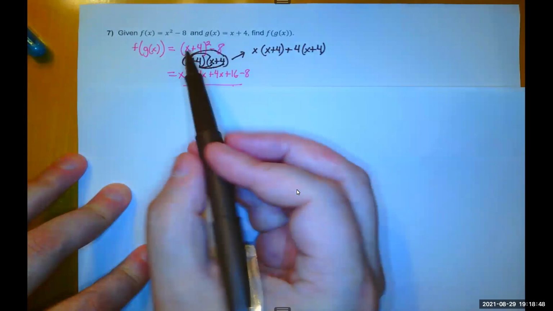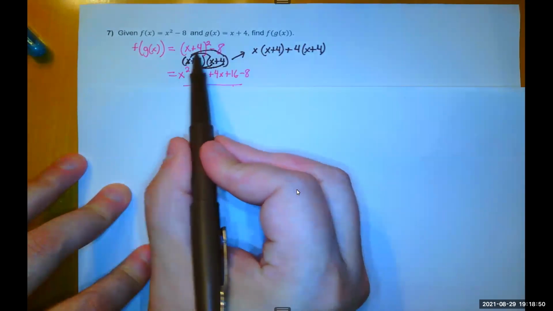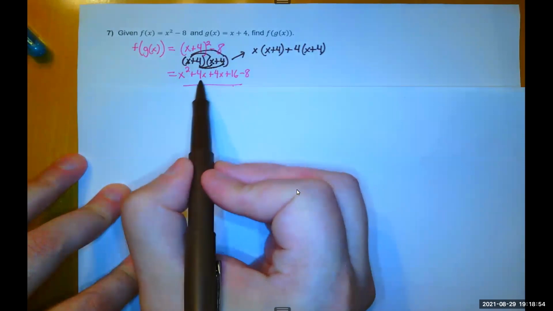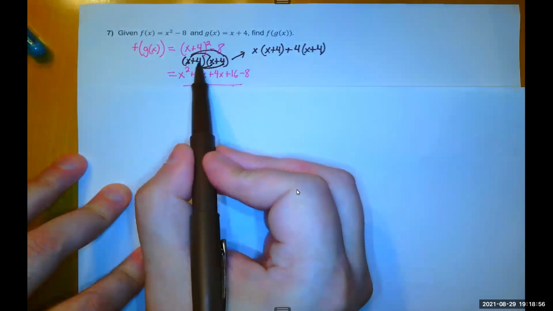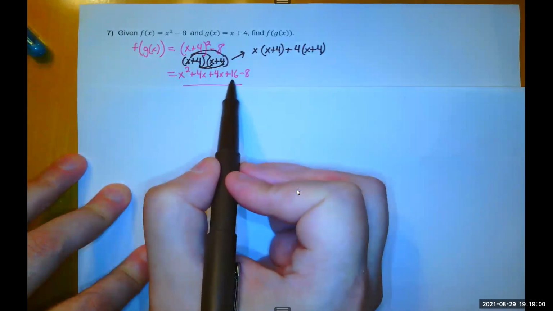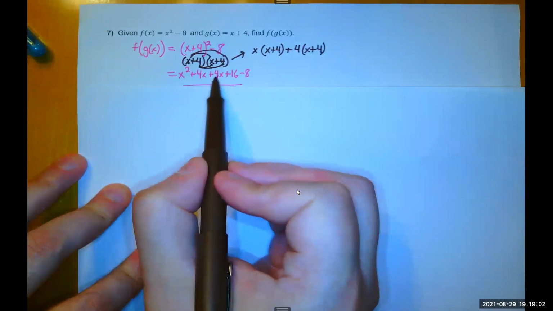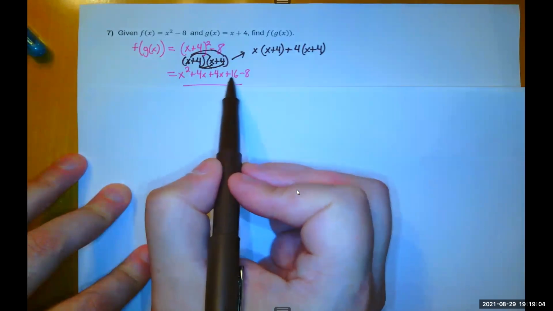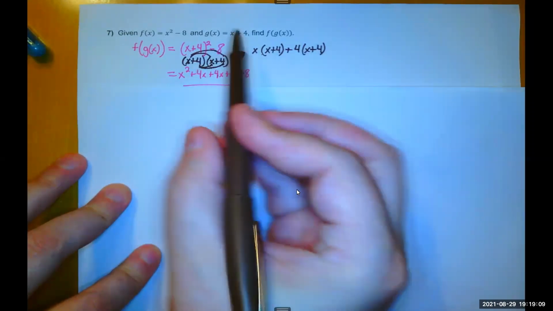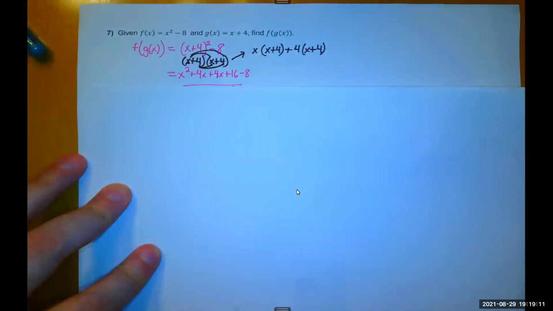I did them in the same order I said them. X times x is x squared. X times 4 is 4x. 4 times x is 4x. 4 times 4 is 16. So we have 1, 2, 3, 4 terms from multiplying out using the distributive property on this quantity being squared.